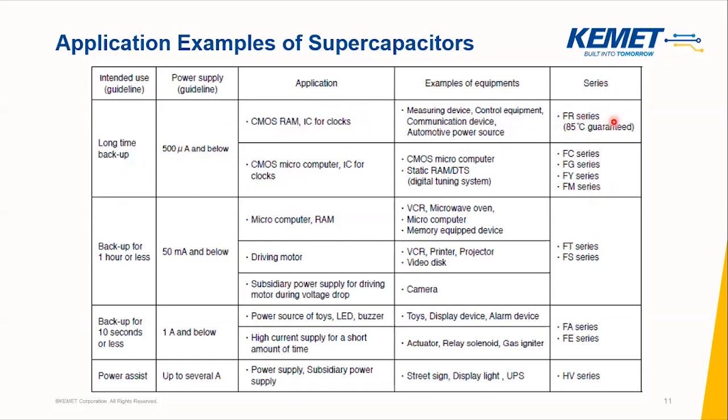Specifically, if you're looking for the 85 one, it is better to go for the FR series, and the other ones are for the other temperature ranges, even though we also have the 85 degree for the FM series.